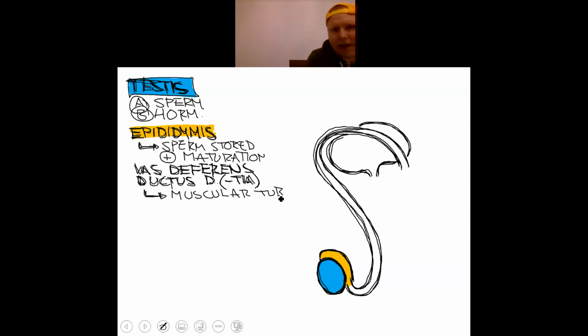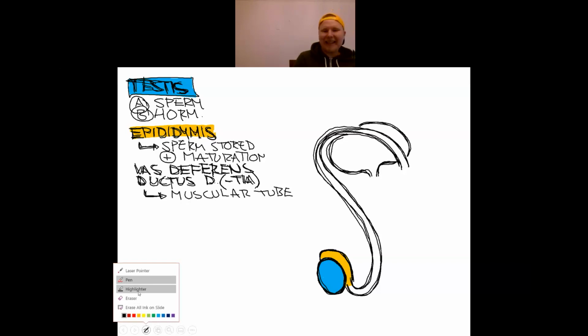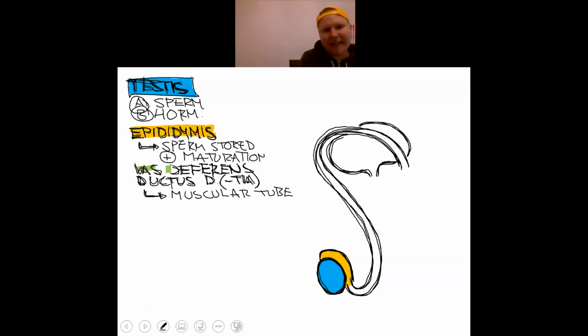And if you think about it, what we've learned about the various muscular tubes that we find in the human body is that they help with transportation of stuff. And that's definitely the case here as well with the vas deferens or ductus deferens, ductus deferentia.